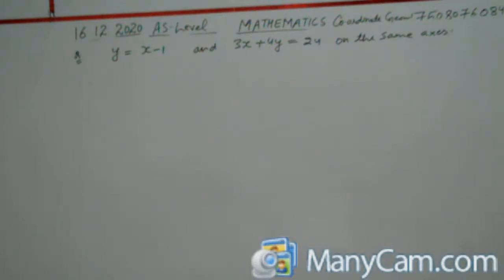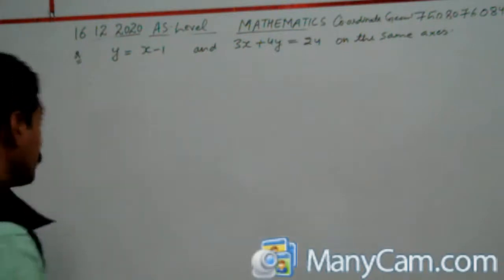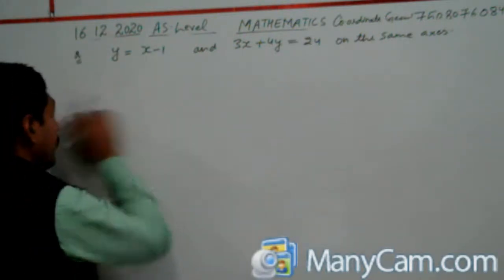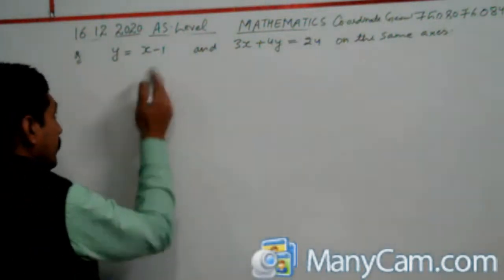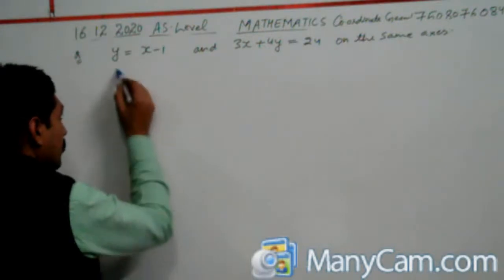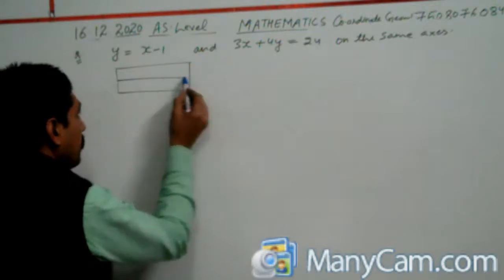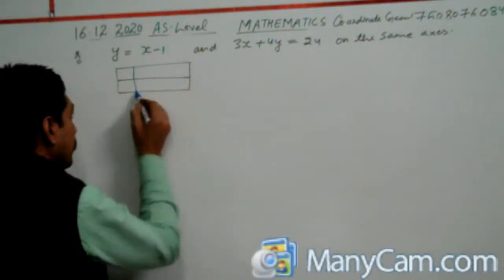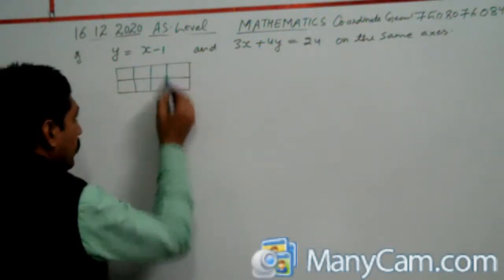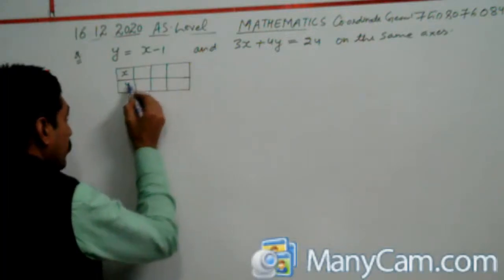So here, when we have to plot these two lines, how to plot them? We can make some points. Y is already in terms of x. So we will have one table, minimum 2 or 3 values we will take, right? One column is x, one is y.